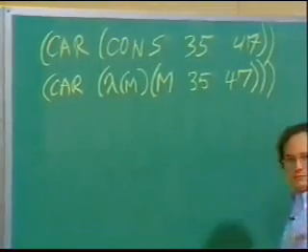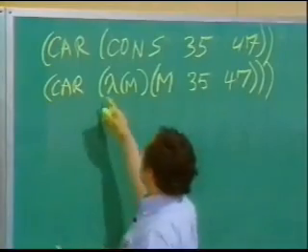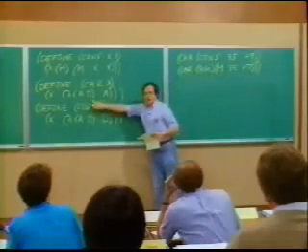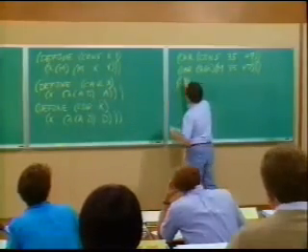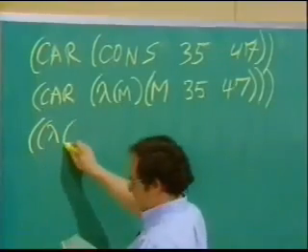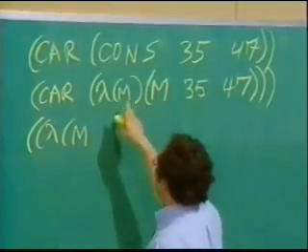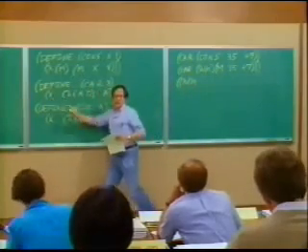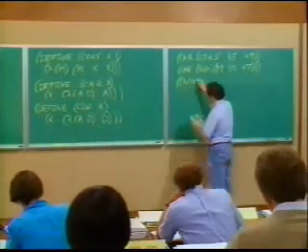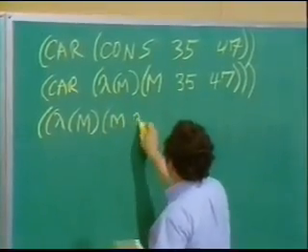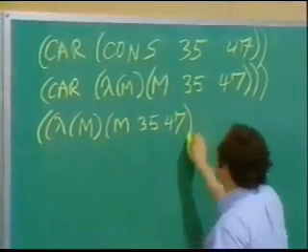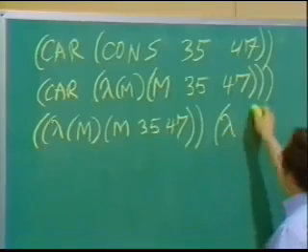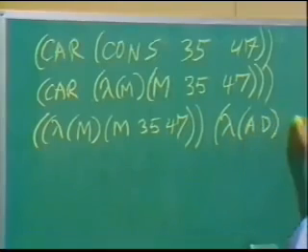That's because this object is being substituted for x, which is at the beginning of a list. Lambda of m of 35 and 47, okay, applied to that procedure of a and d, which gives me a.